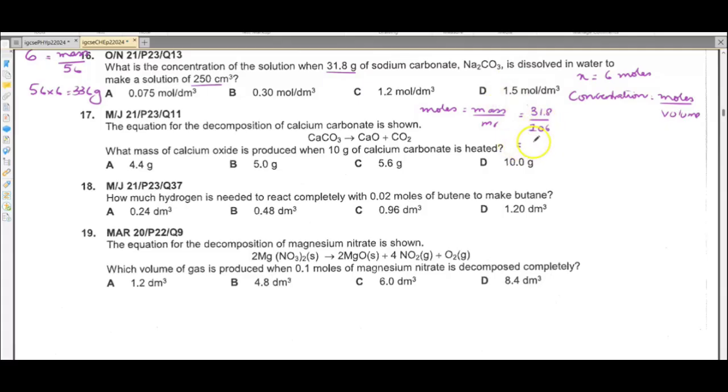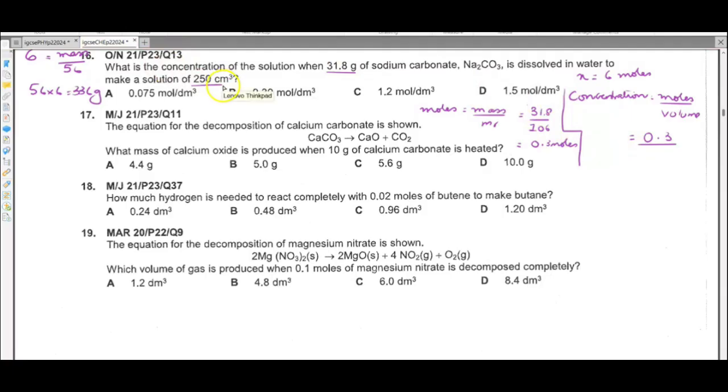So this gives an answer of 0.3 moles. Now once we have the moles of sodium carbonate, we can easily find the concentration, since we also have the volume. So the moles are 0.3, and the volume for Na2CO3 is 250.